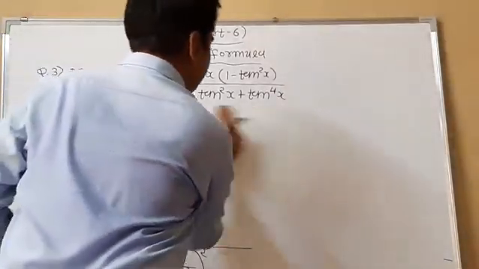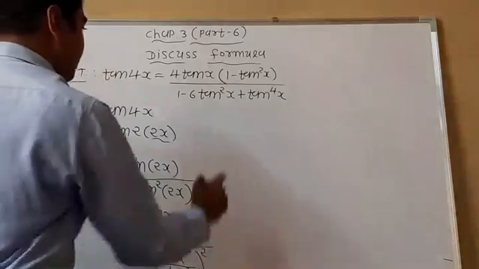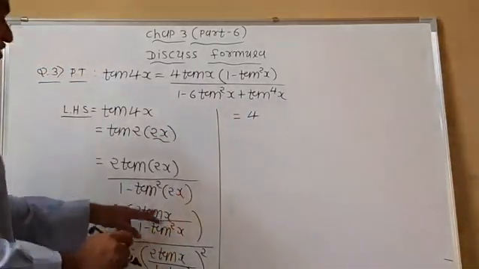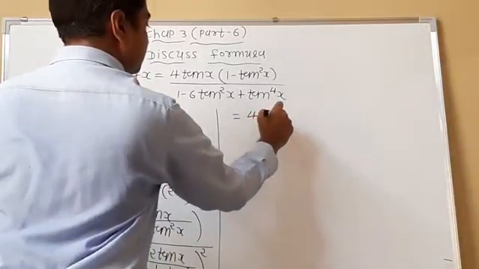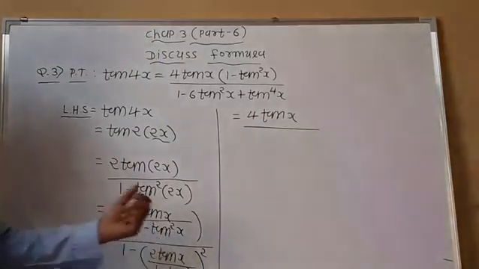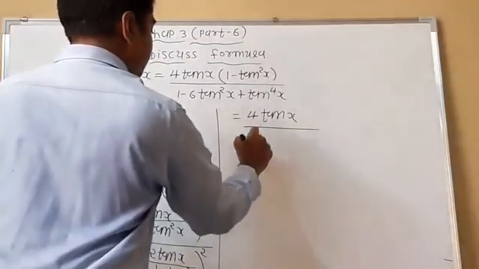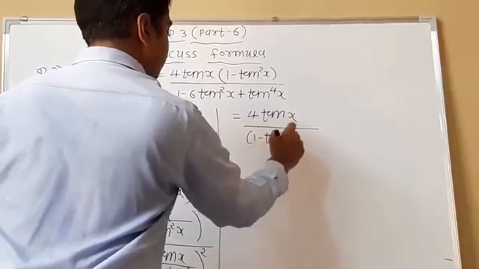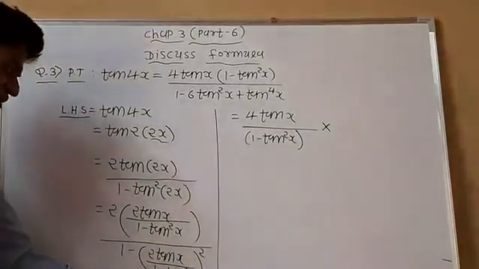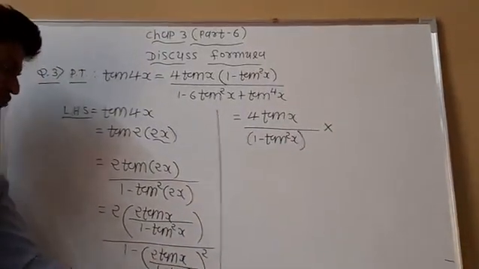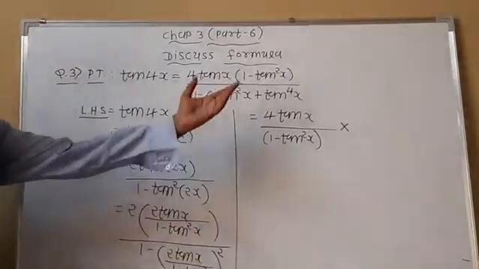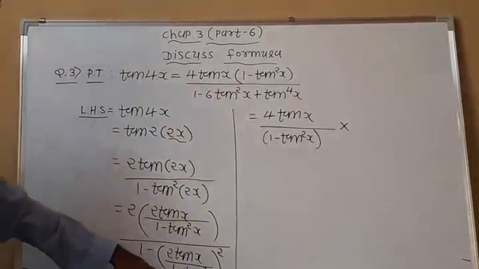So it is equal to 2 into 2, that is 4tan x upon, in denominator term, 1 − tan²x multiply. Now here we can take LCM, and after this denominator term written in numerator, because here divisible form is present, written in multiplication form, so it enters in the position.